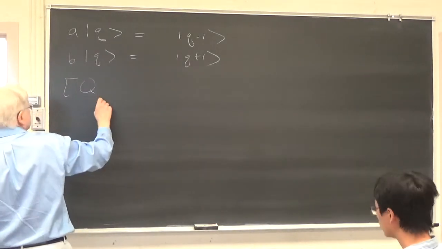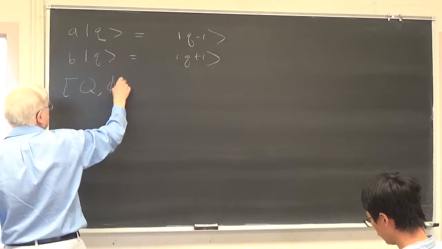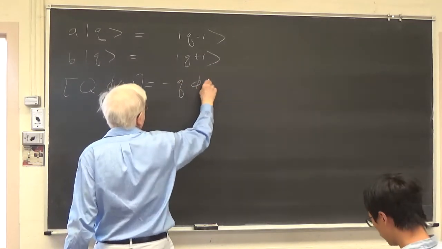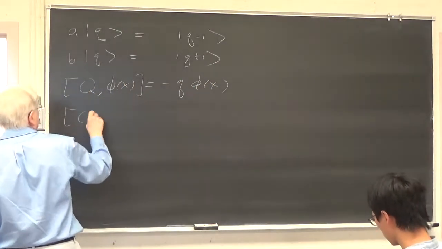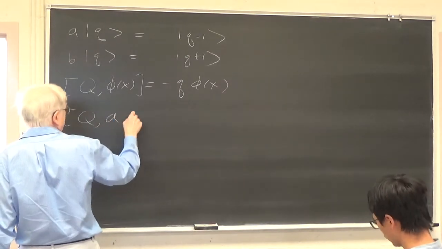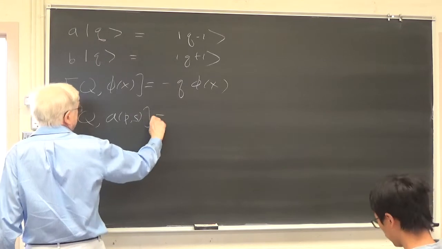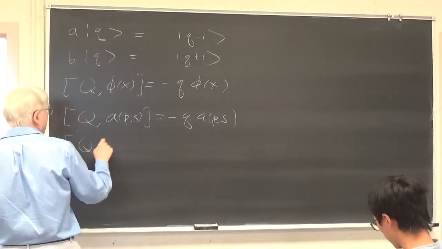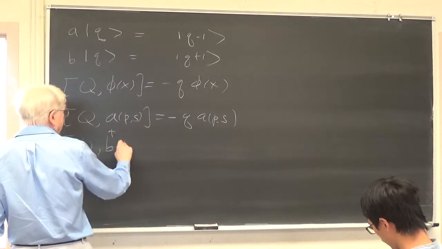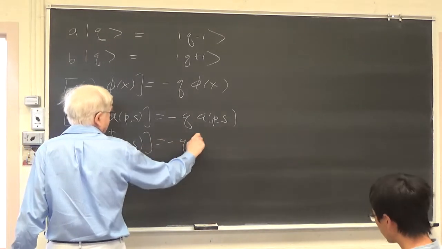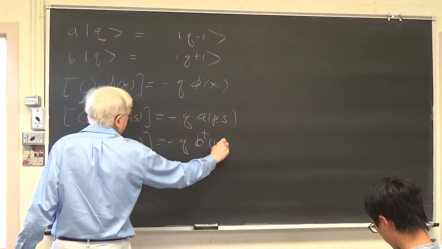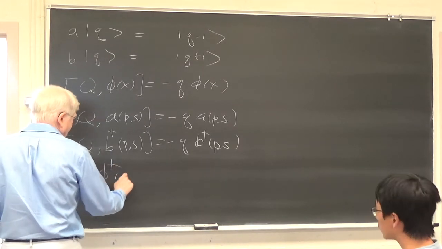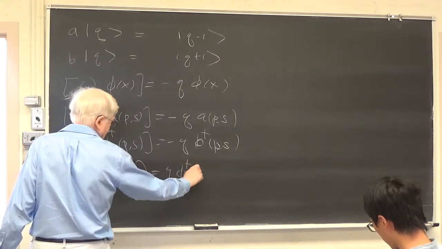And so if Q is a charge operator, then Q with phi of x will be minus Q phi of x, because Q with A of P and S will be minus Q A of P and S, and Q with B dagger of P and S will also be minus Q B dagger of P and S. And we'll also have Q with phi dagger of X will be Q phi dagger of X.